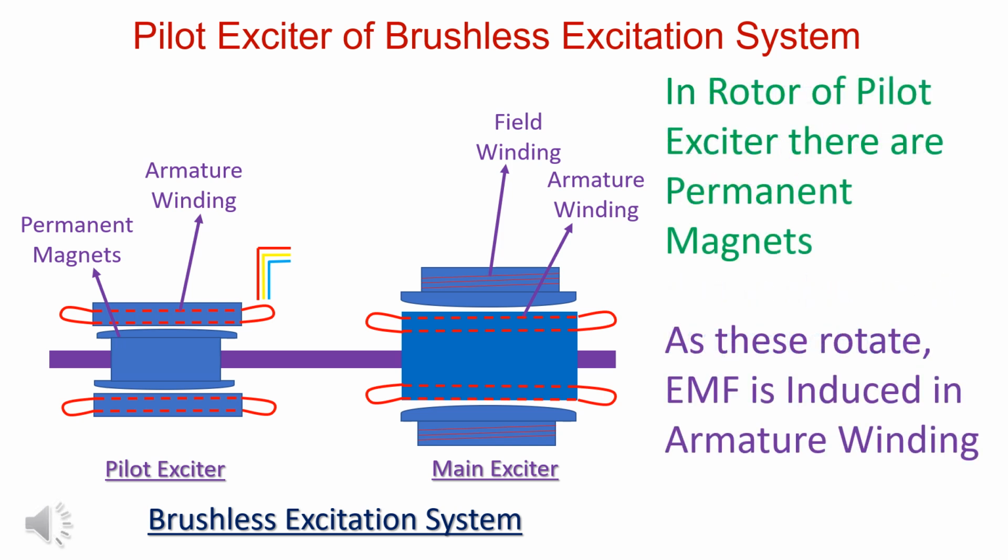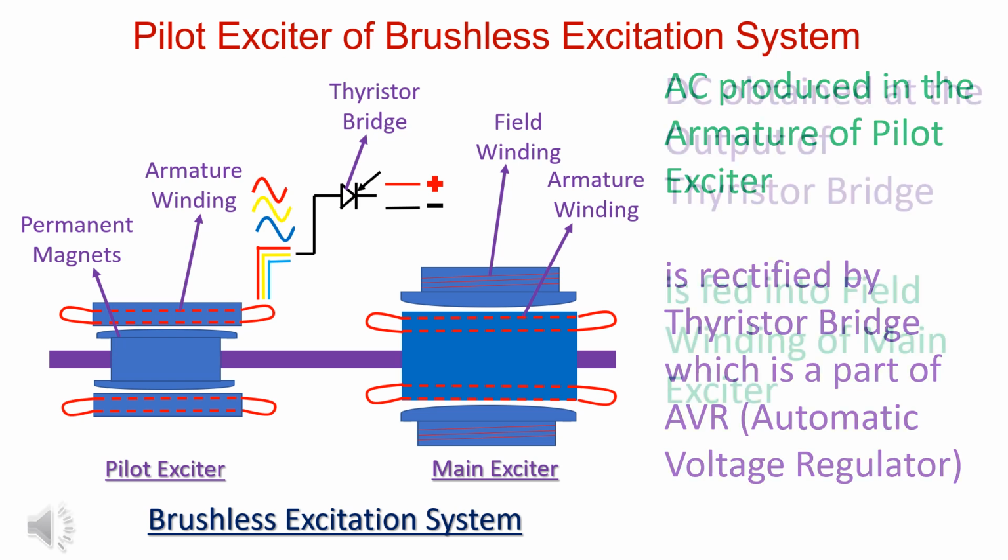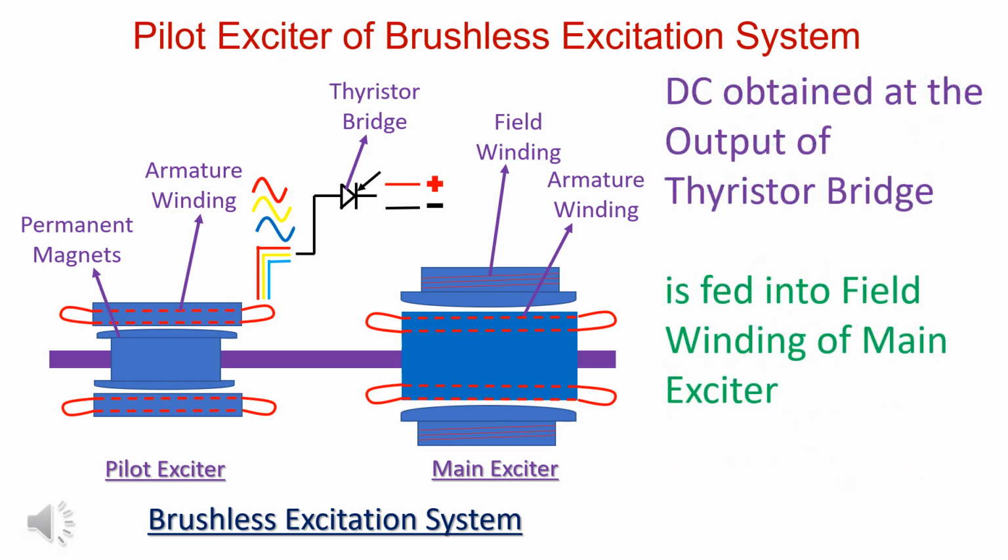There are permanent magnets in the rotor of the pilot exciter. As these rotate, EMF is induced in the armature winding. AC produced in the armature winding is rectified by a thyristor bridge. DC obtained is fed into the field winding of the main exciter.